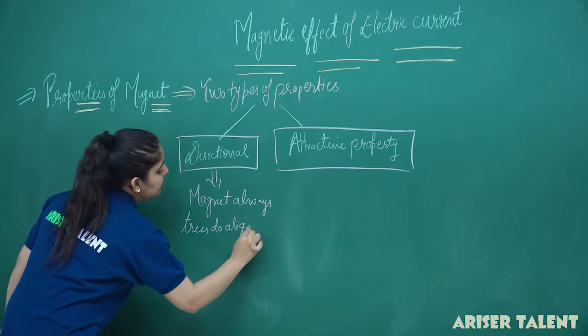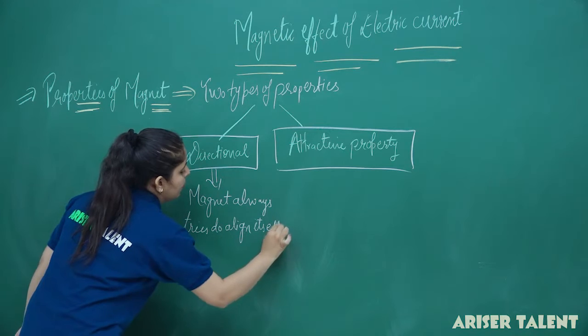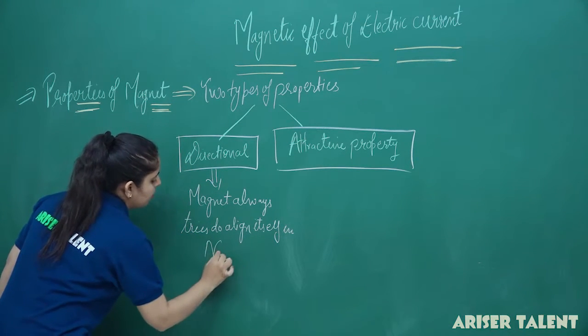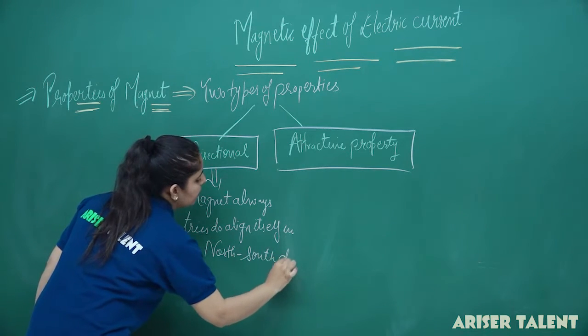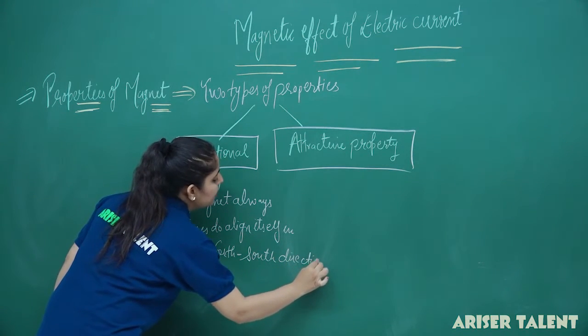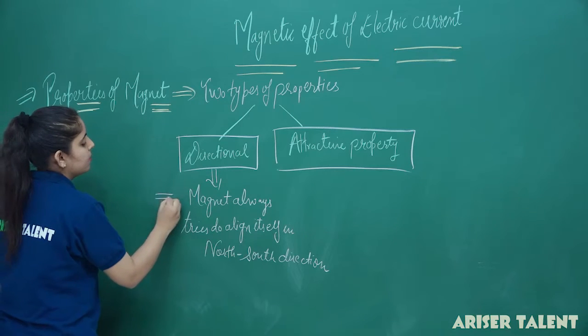So the directional property means the magnet always tries to align itself in north-south direction. So this is known as its directional property.